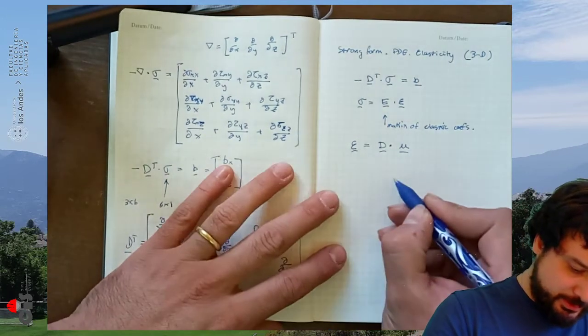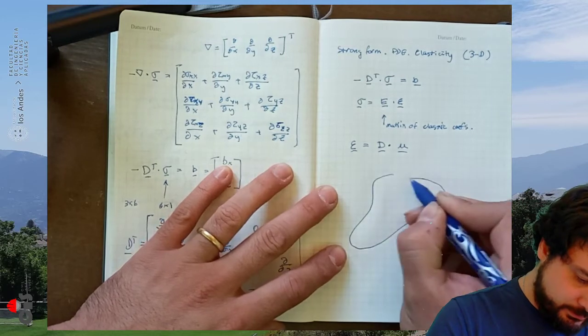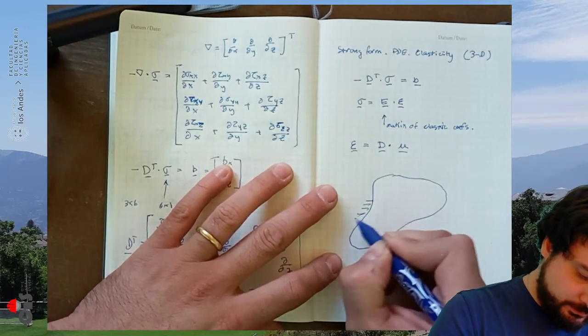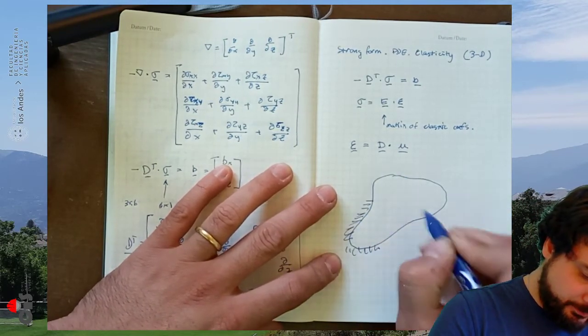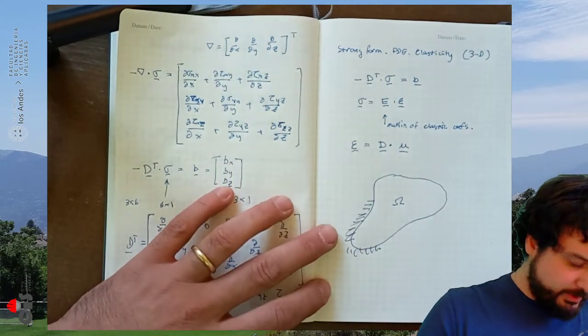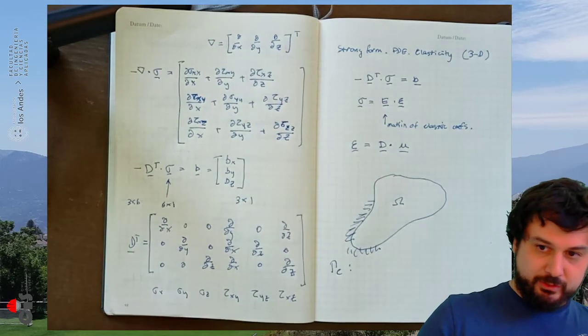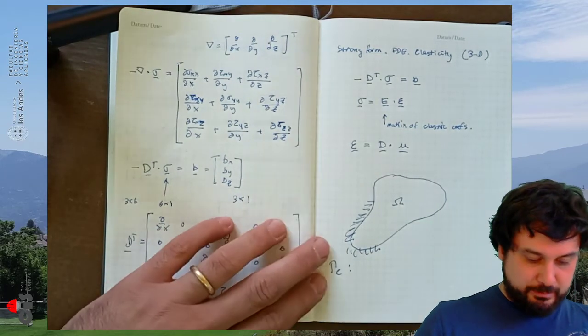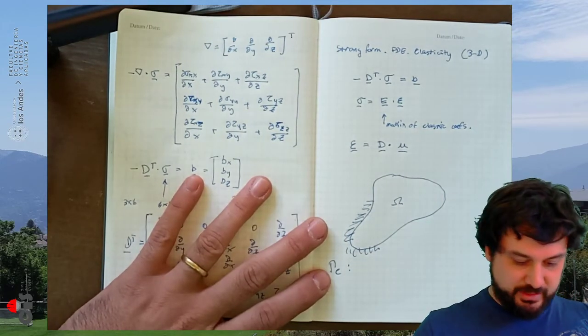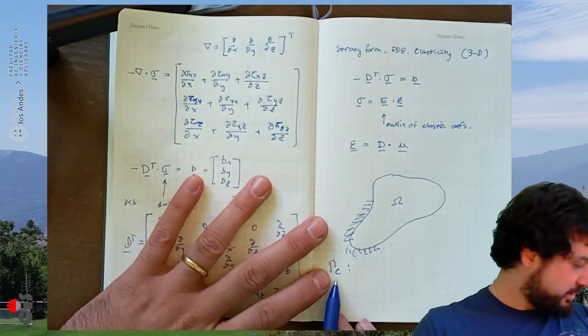But now let's remember our domain. Shape doesn't matter. And I said we had two boundaries, so we have the essential boundary. This type of boundary is essential because the statics problem cannot be solved without the essential boundaries.